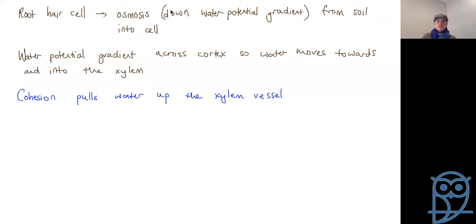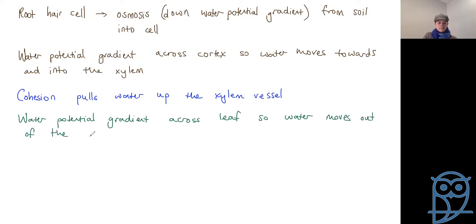So the water is going to exit the xylem vessel, because we have a water potential gradient across the leaf. So water moves out of the xylem to the mesophyll cells.